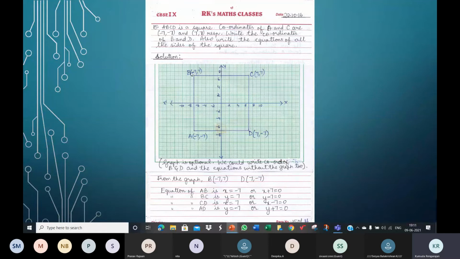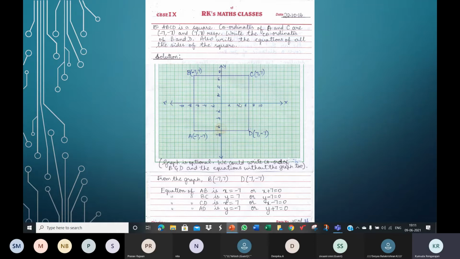The line segment AB, or the side AB, is parallel to the y-axis and is at a distance of 7 units to the left of the y-axis. With respect to the y-axis, we have two sides, right side and the left side.